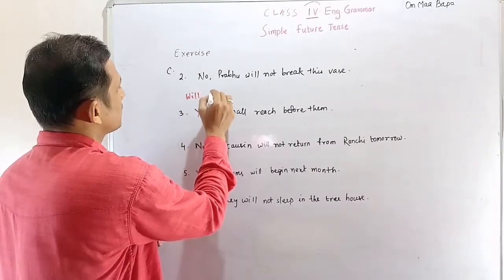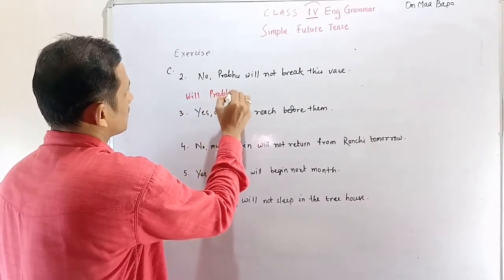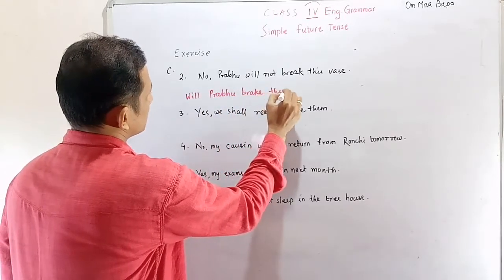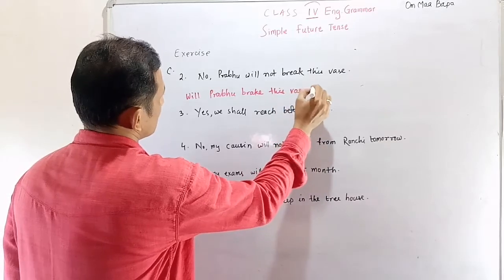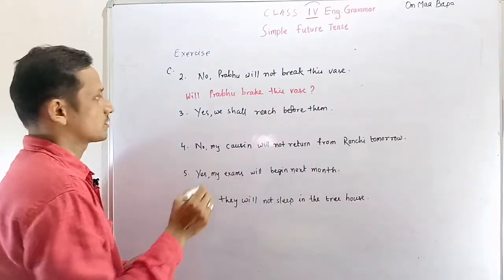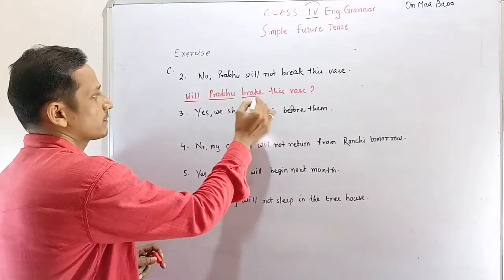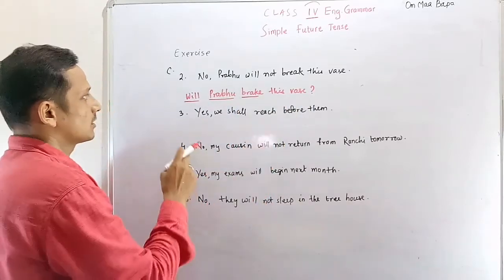Will Prabhu break this vase? And at the end the question mark. Will, then Prabhu, then the base form of the verb and the rest of the sentence.